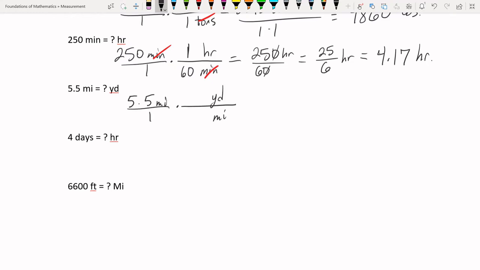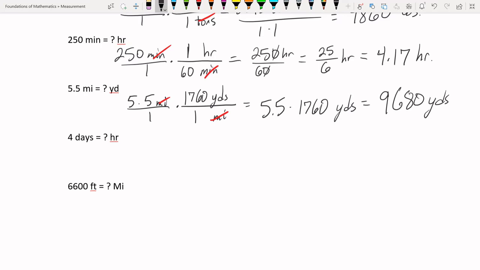Miles on bottom, yards on top. 1 mile equals 1,760 yards. Now you can see the miles cancel. 1 times 1 on bottom doesn't mean much, so we're going to just do 5.5 times 1,760 yards. And that gives us 9,680 yards.